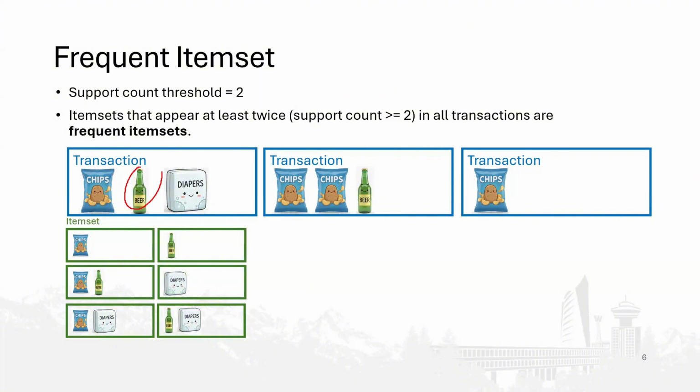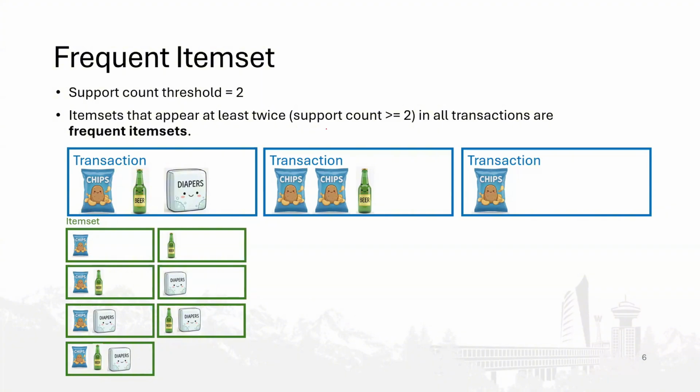Then we can have beer and diapers, which is the third 2-item set. Those are all the 2-item sets that we can get from the first transaction. Lastly, because this transaction contains 3 different products, we can also identify a 3-item set from this transaction. So those are all the item sets that we can identify from the first transaction.